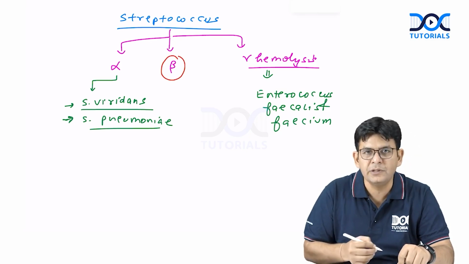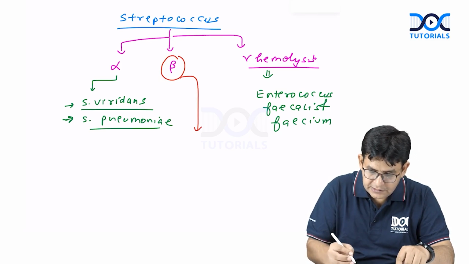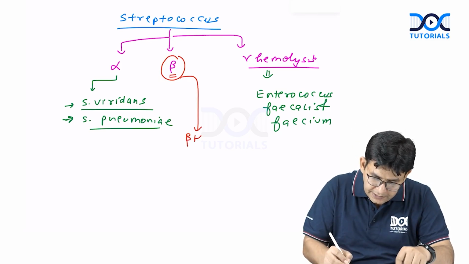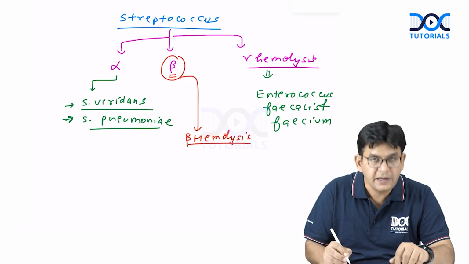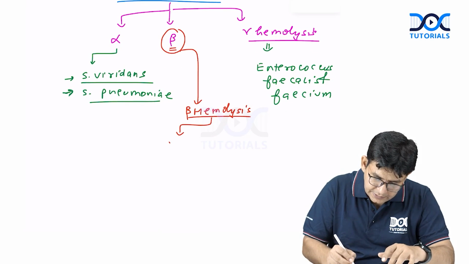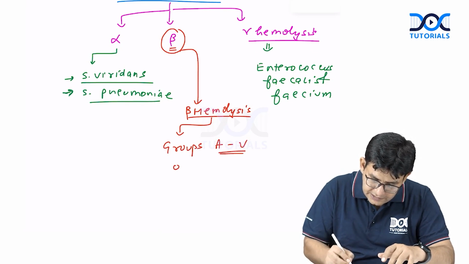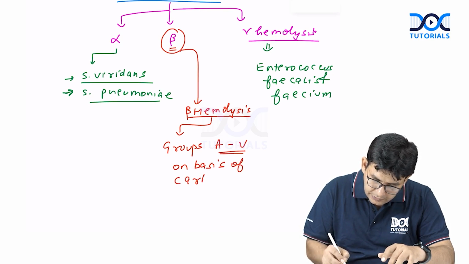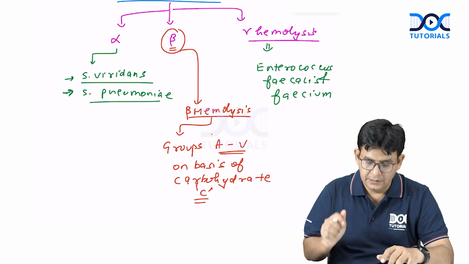Regarding beta hemolysis, remember this: those streptococcus which show beta hemolysis are classified into groups A to V on the basis of carbohydrate C. So they are classified on the basis of what?